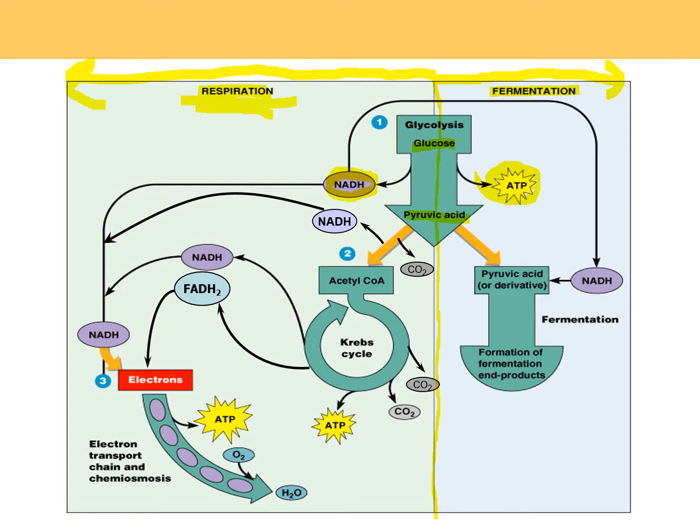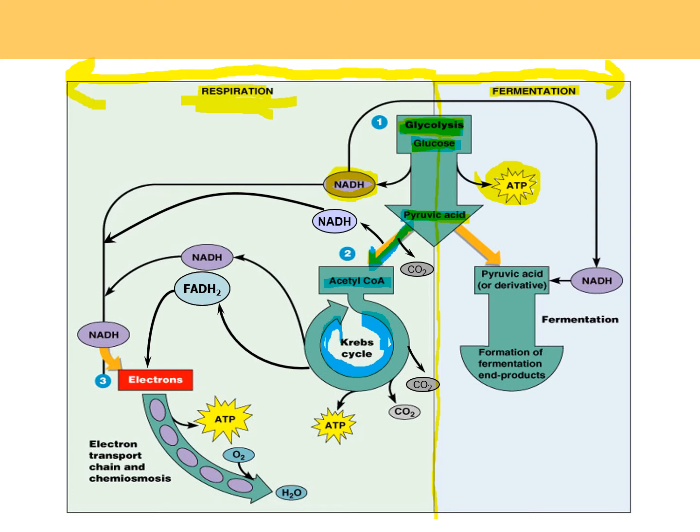Let's stick to respiration for now. As I told you earlier, the first stage is glycolysis, which involves the oxidation of glucose to pyruvic acid. Then pyruvic acid is oxidized to form acetyl-CoA. Then acetyl-CoA undergoes oxidation completely as it goes round and round during the Krebs cycle, and I'll explain what round and round means later.